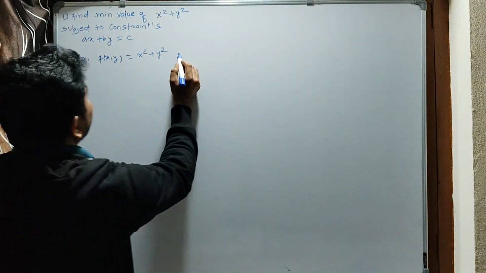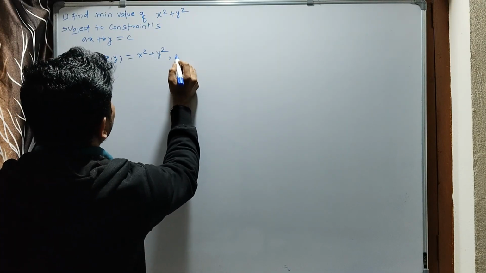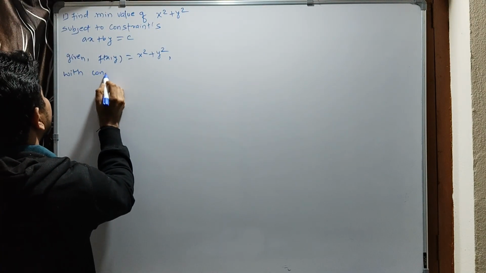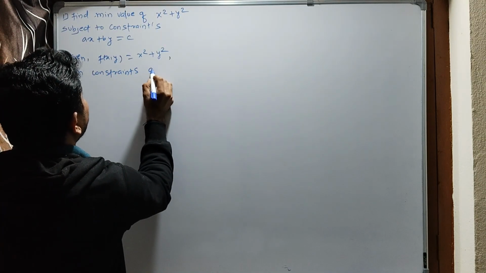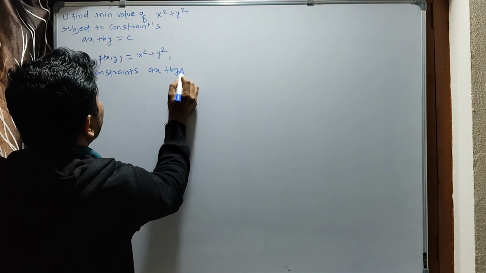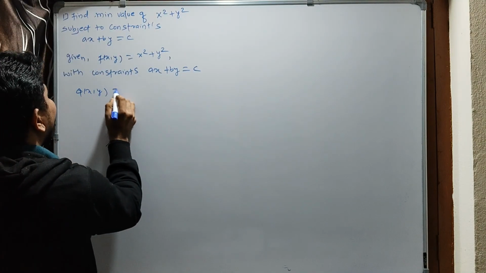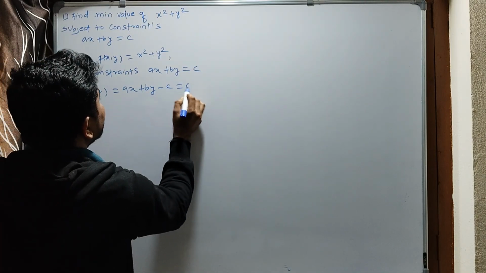So with f of x comma y equal to x square plus y square and the constraint ax plus by equal to c, therefore phi of x comma y equal to ax plus by minus c, which is equal to 0.